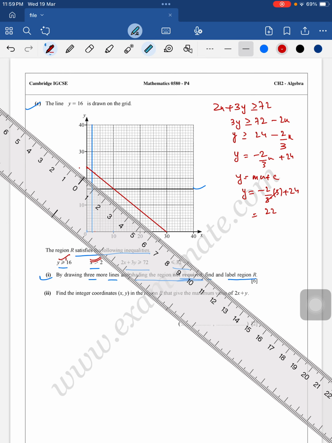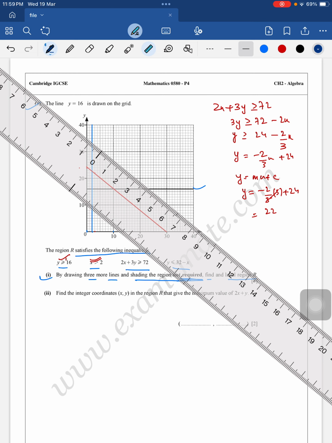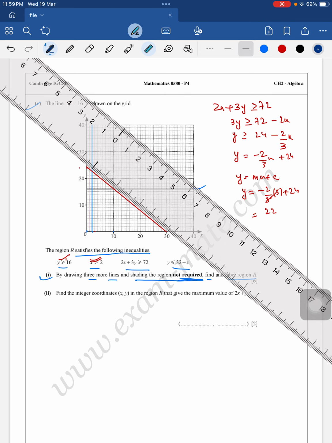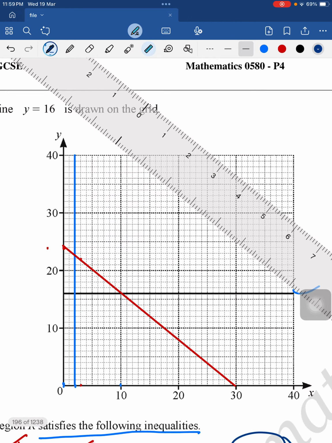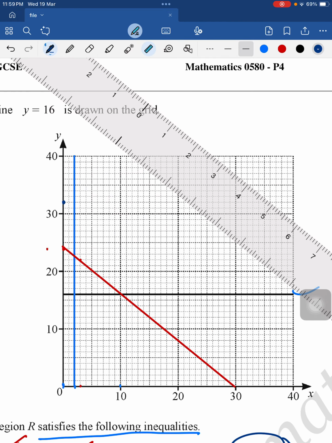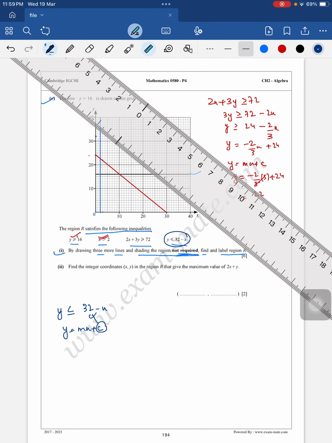Okay, that's done. Now selecting another color, we have to draw y is less than or equal to 32 minus x. If I compare this with y equals mx plus c, c is 32, and the second point we can take as, for example, x equal to 4, so y is equal to 28, so 4, 28.